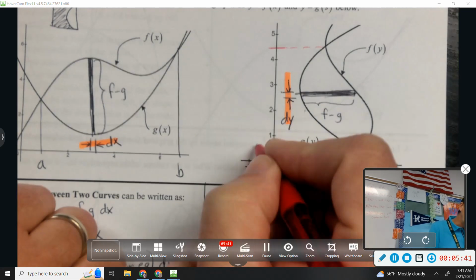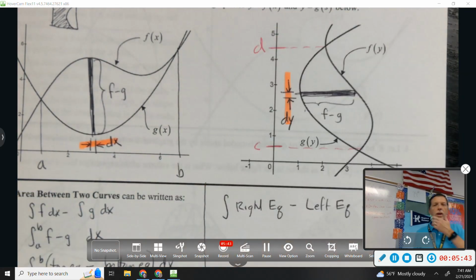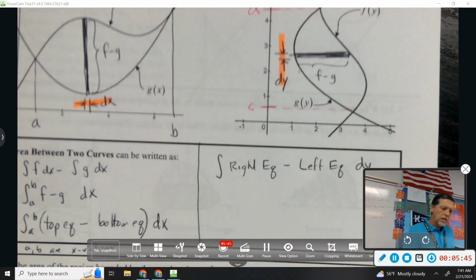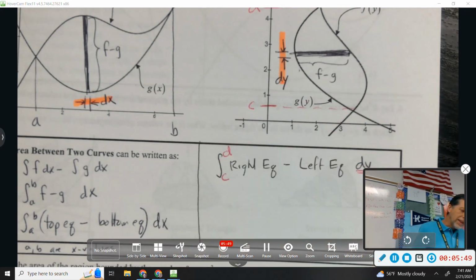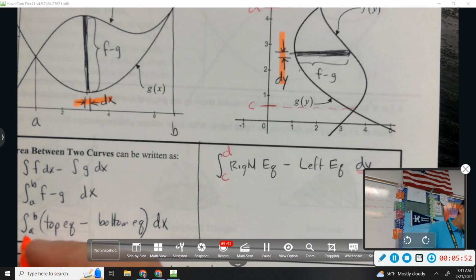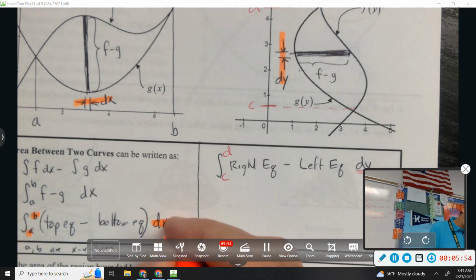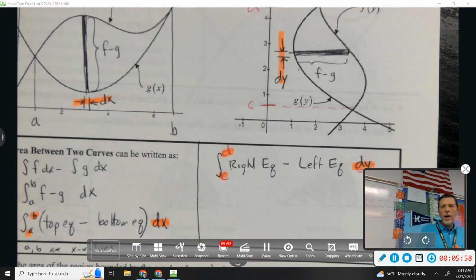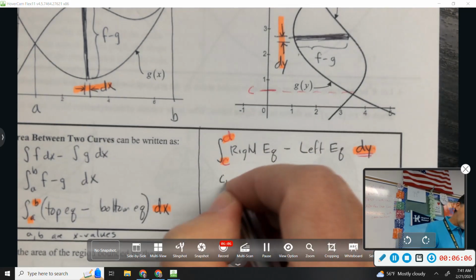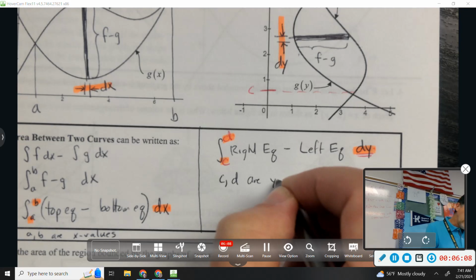I'm going to call them c and d just to keep it separate from a and b. Again, if we're doing dy, then we've got to do y limits. If we're doing dy, our limits have to be y limits. If we're doing dx, our limits have to be x limits. C and D are y values.